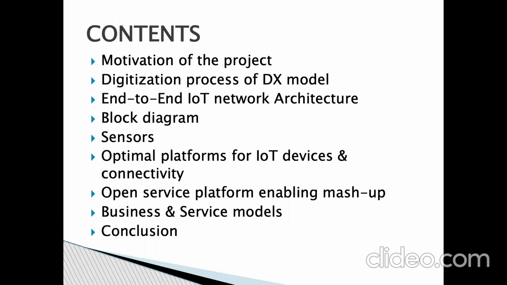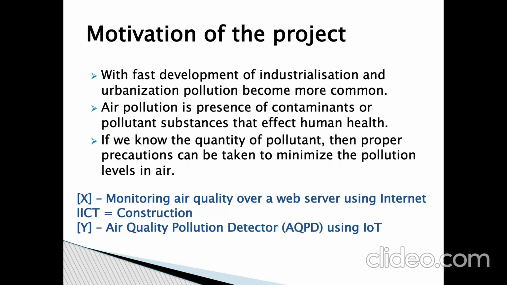The content starts from the motivation of our project and the digitization process of our digital transformation model, and the end-to-end IoT network architecture, the block diagram of our project, the sensors, optimal platform for IoT devices and connectivity, and so on. So now I will introduce you to the motivation of our project.